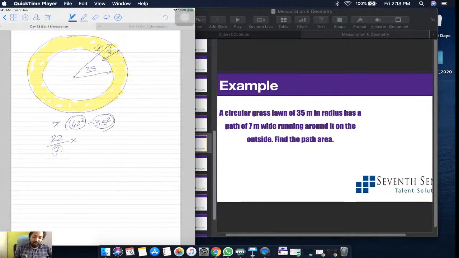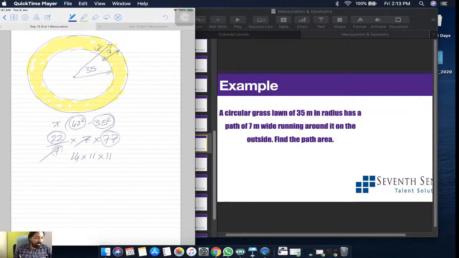A square minus b square can be written as a plus b into a minus b. A minus b is 7, a plus b is 77. 7 and 7 cancel. Here there is 2, 2 sevens are 14. 14 into 11 into 11.